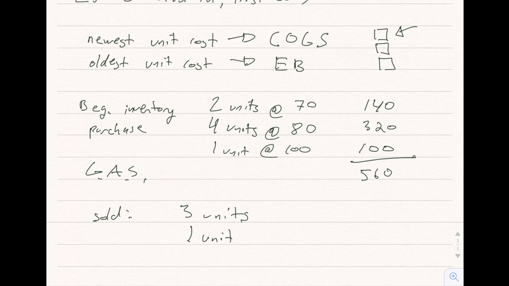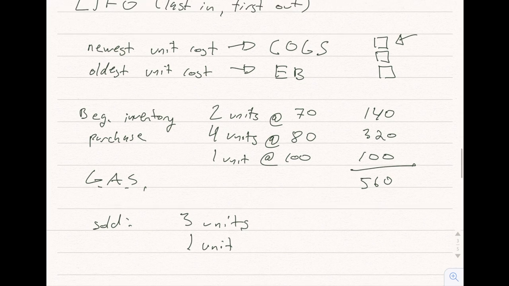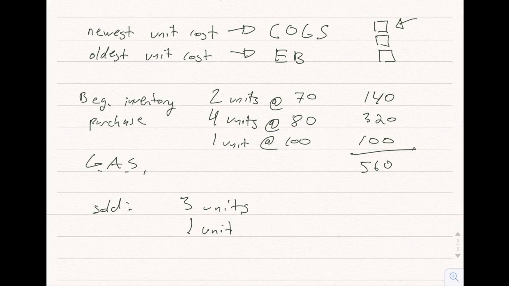We go in the exact opposite order now, right? So which cost are we going to apply? Well, we know we had a purchase of 4 at 80 and 1 at 100. So it's last in, first out.